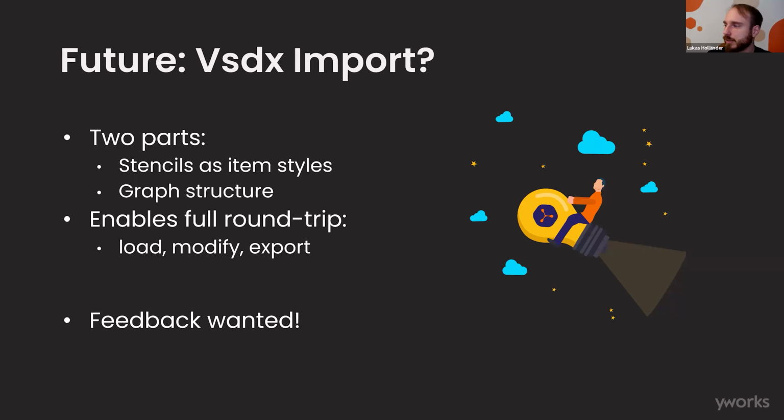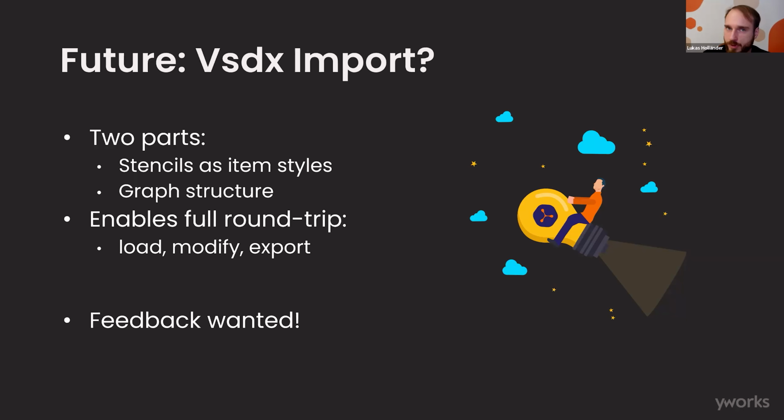The second part is to load the actual graph structure of a Visio file. So you can actually load graphs into yFiles, edit them, apply layouts, and maybe export them later to a Visio file again. This would enable the full round trip: load a Visio file, modify it in yFiles, and export it again.